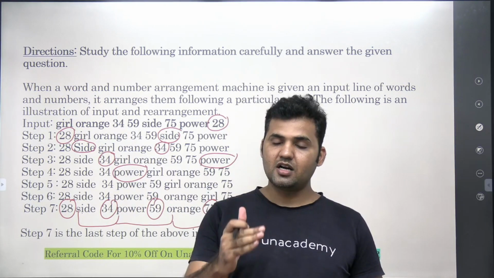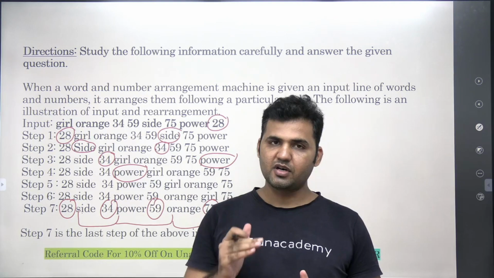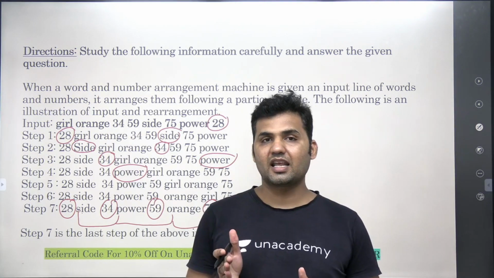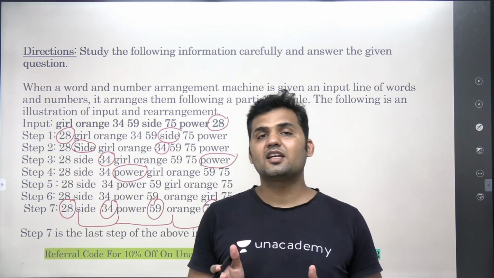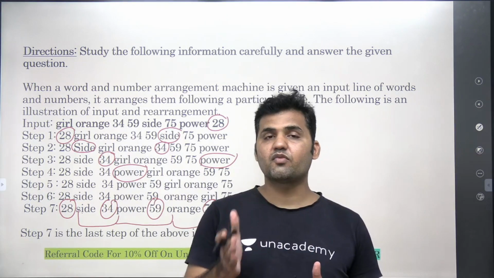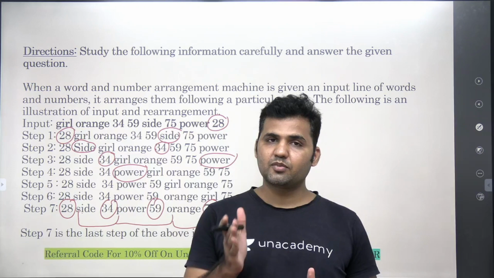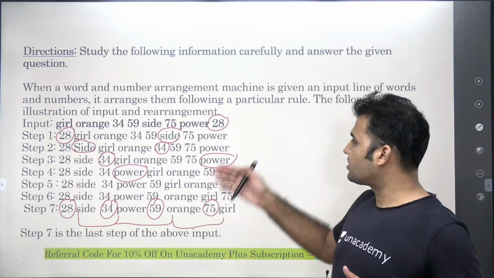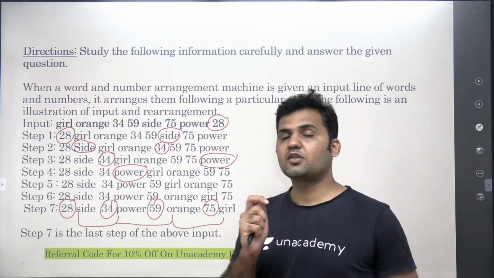So number, word, number are supposed to be arranged on the left-hand side, taken to the left-hand side position one by one. That means in one step only one element will be moving. Okay, so you see that looking at the step-by-step process tells you the rule.